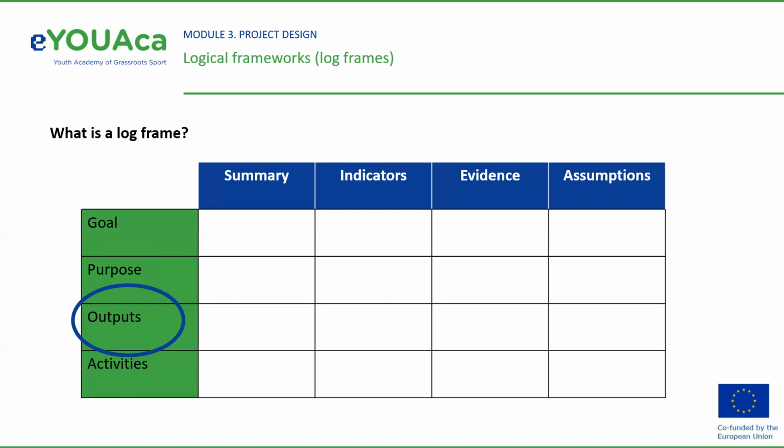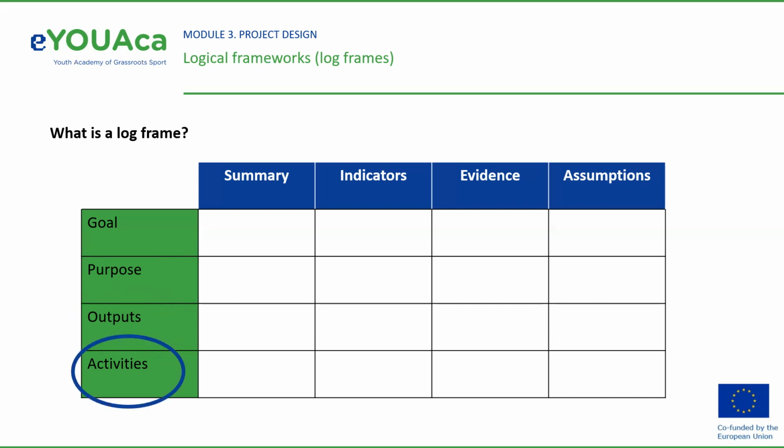Outputs are products of the activities undertaken, the combination of which achieve the purpose of the project. Outputs describe the services to be delivered to the intended beneficiaries or target group. Outputs should address the main causes of the problems the target group faces.